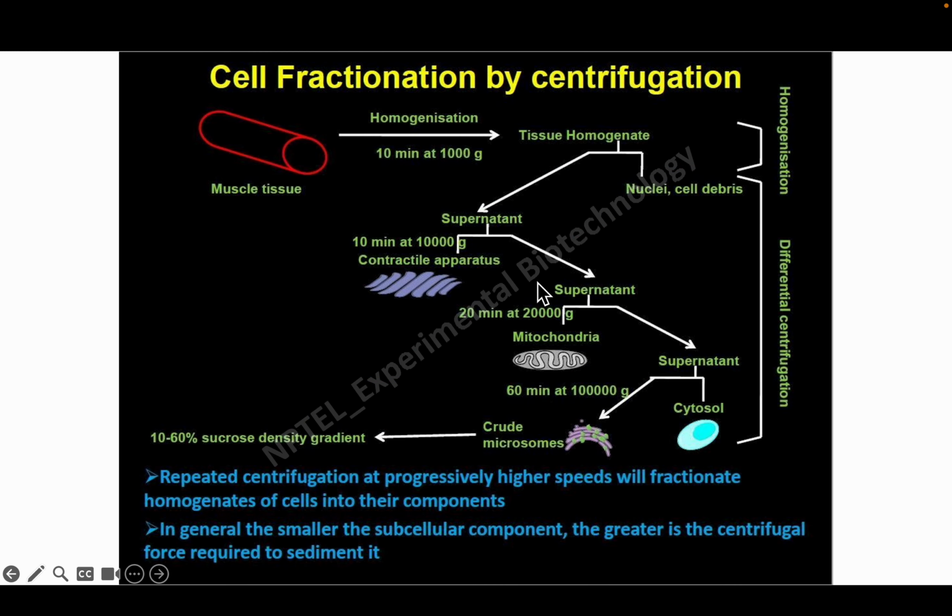For the supernatant, you do gradual centrifugation at gradually increasing speeds, and at a specific speed you isolate your organelle of interest. Repeated centrifugation at progressively higher speeds will fractionate the homogenate of cells into their components. In general, the smaller the subcellular component, the greater the centrifugal force required to sediment it.